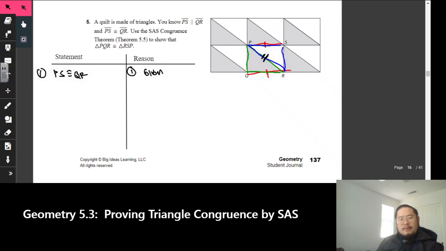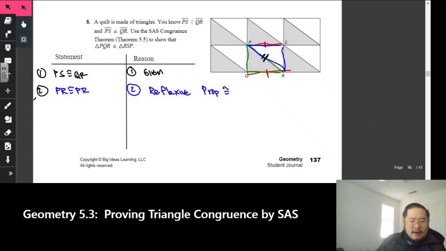So we can go ahead and say that PR is congruent to PR, because both of the triangles have that same side. And when we do that, we'll put right here, reflexive property of congruence.